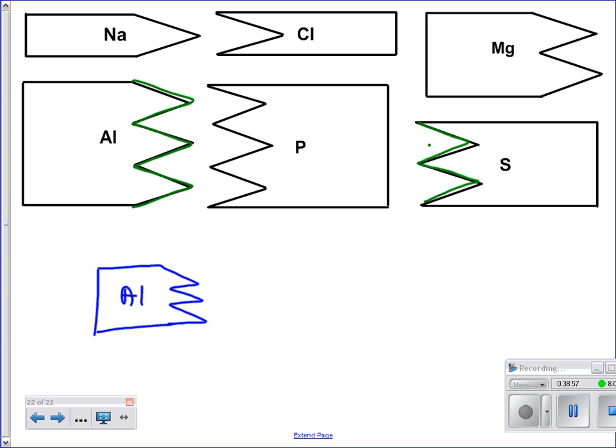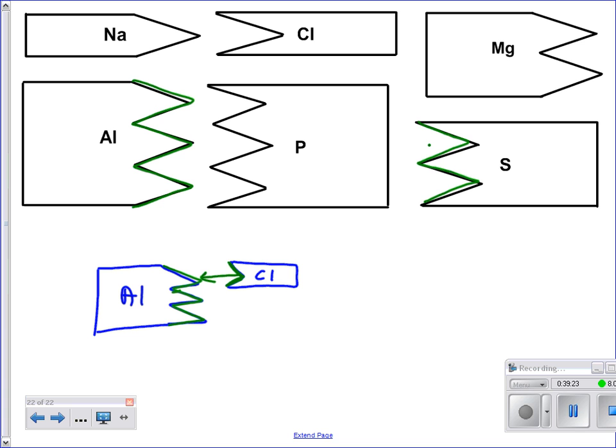So here's a chlorine. And you're going to notice chlorine just wants one single valence electron to fill the octet. And aluminum has 1, 2, 3 to give. And so this one chlorine is going to fit onto this one valence electron that aluminum's trying to get rid of.